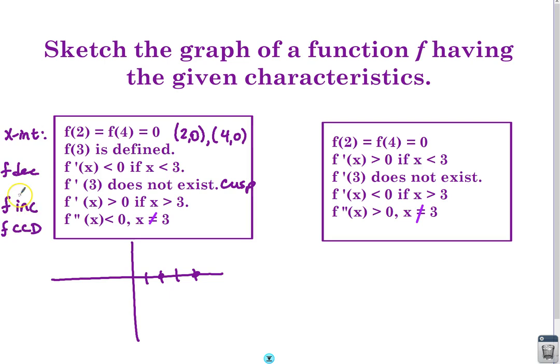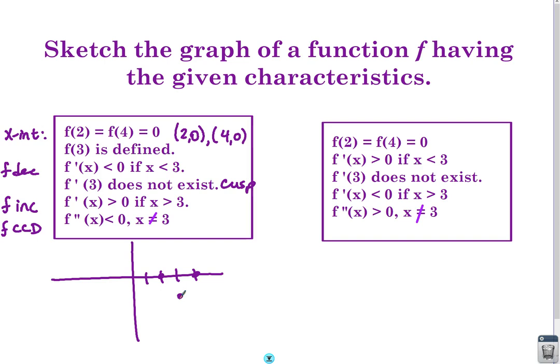Let's see. So my function is decreasing up until 3, but then it's increasing after 3, and it's concave down. So it's going to be decreasing on this side, increasing on this side, but always concave down. So what I'm going to do, I'm just going to assign this as my y coordinate for 3. I don't have a specific answer because they didn't really specify.